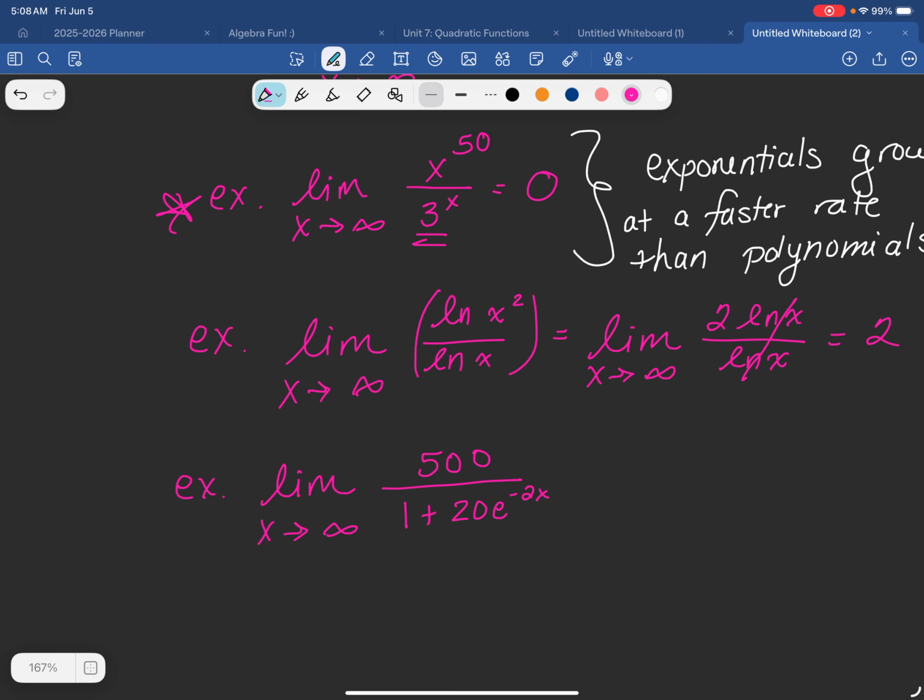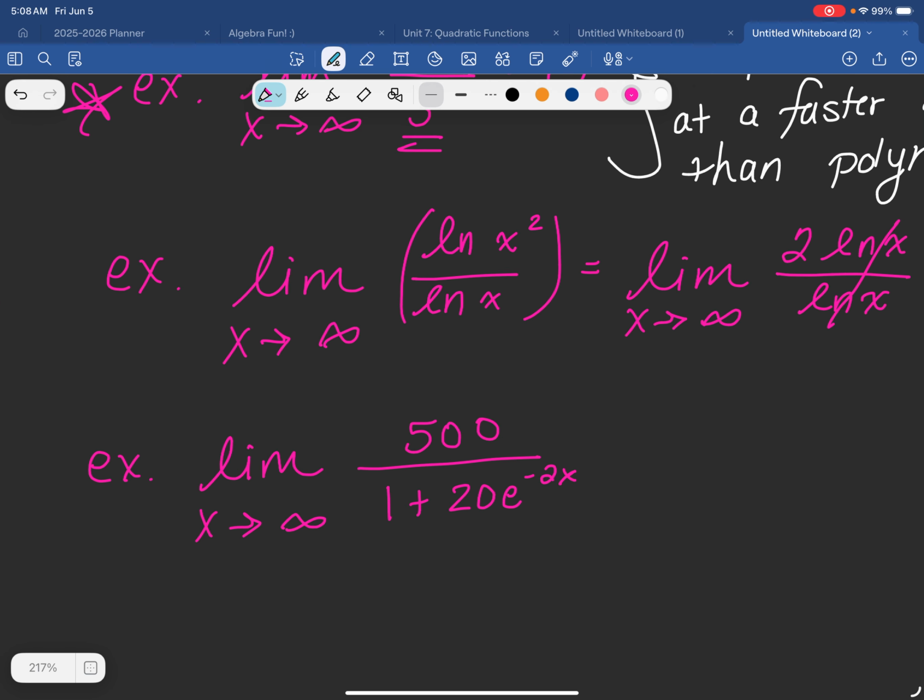All right, so let's say we have something like this. And we're letting x go to infinity. So for this one, I'm letting x go to infinity right here.